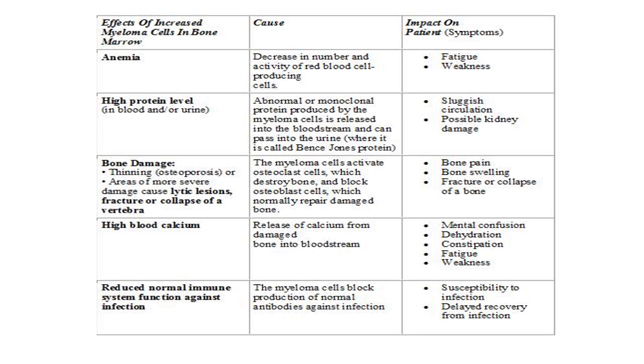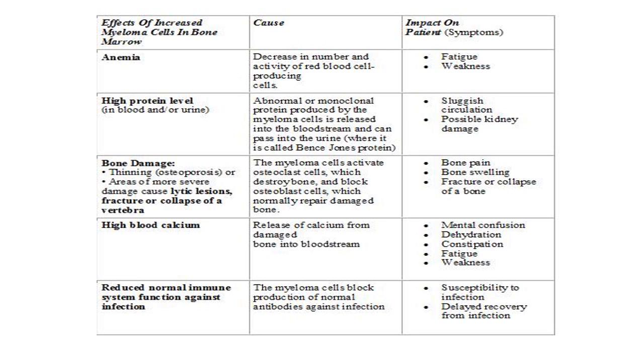So they work together, and bone damage and bone pain is extremely prevalent in multiple myeloma patients, and extremely important to treat, and we will talk about the interventions for treating pain on one of the next slides. But bone pain, bone swelling, fractures or collapse of the bone are all present due to the multiple myeloma cells activating osteoclast cells and blocking osteoblast cells.